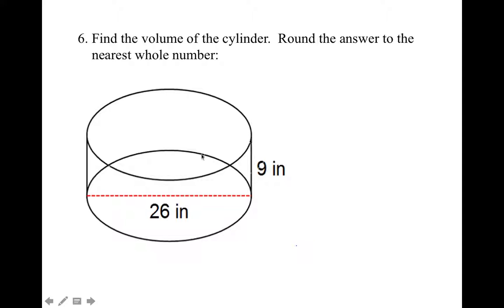So I'll leave that for you to do. But what I'll do for you is tell you what your answer should be. That means you should know how to set it up. And so your answer should come out to be 4,778.